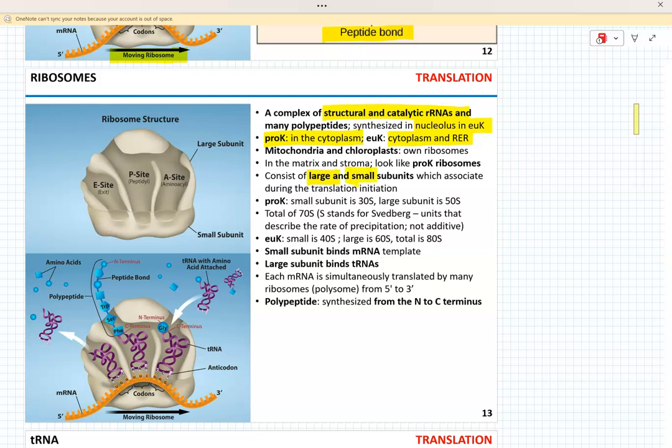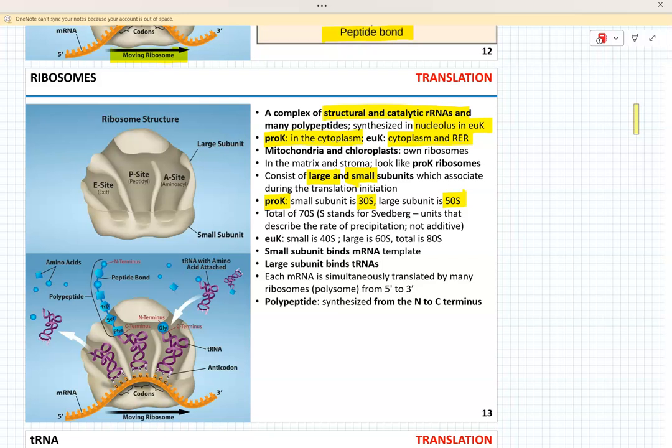These subunits are dissociated when translation doesn't happen, but when translation is happening, these subunits associate. In prokaryotes, the small subunit has a sedimentation rate of 30 Svedbergs, while the large subunit has a sedimentation rate of 50 Svedbergs.